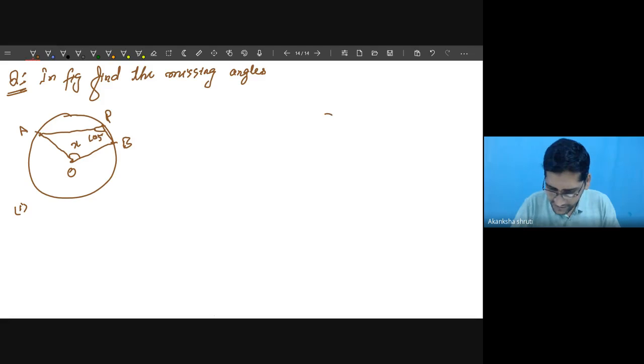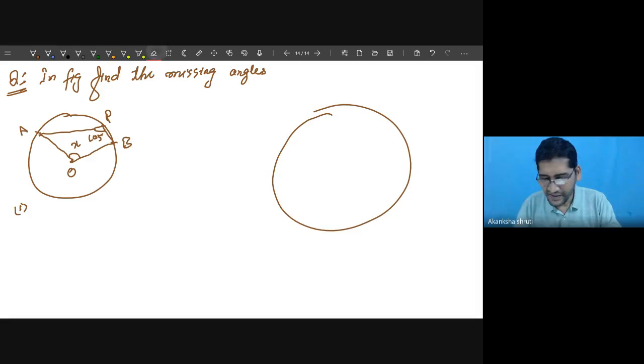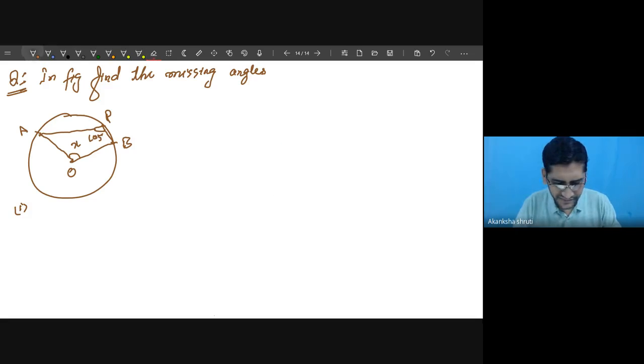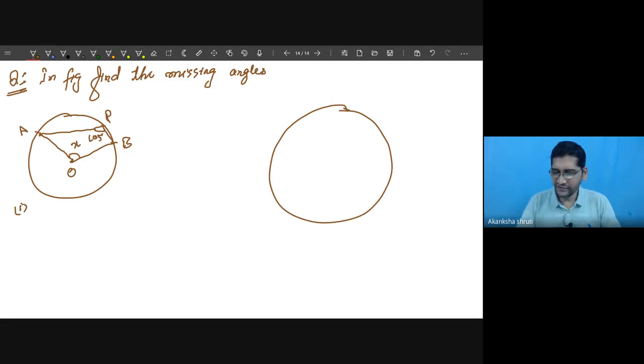The second one: consider a circle in which O is the center, A is any point, and B is the other point.